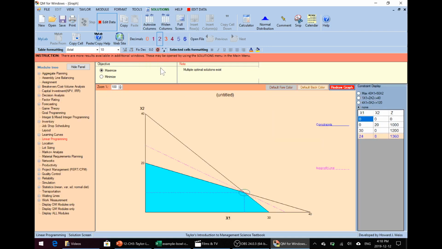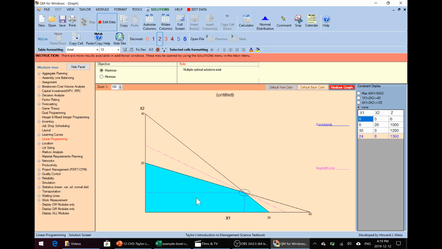Let's look at that graph. And we can see that the graph is here. We have x1 and x2, and we can see this is the feasible region given in what we call aqua color or something like that.